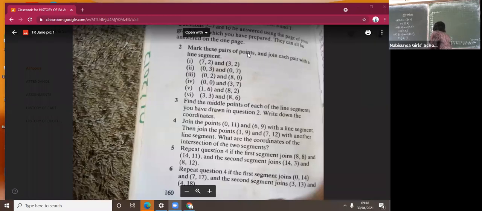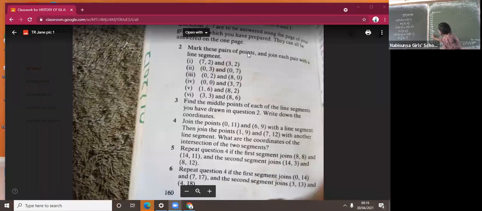Okay, number 3. We are repeating question number 3 for Regina and the other students who might not have got it well. We are starting from this point to this point, the line segment to (8, 0). How do we move from this point to this point?